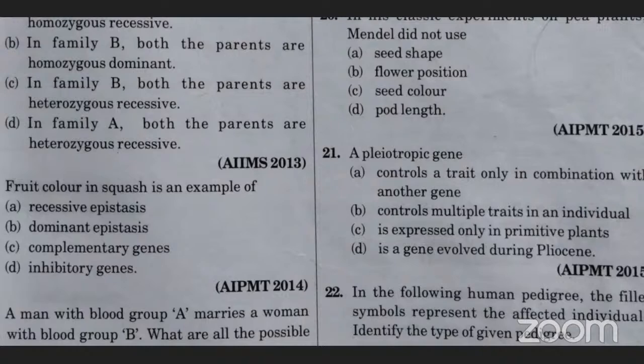And on Mendel's experiments, most probably in character selection, they are asking questions. Clear? Very rarely they ask questions from mutation also. So surely gene interaction, Mendel's experiments, and pedigree analysis, they will ask three questions from these areas. Clear?